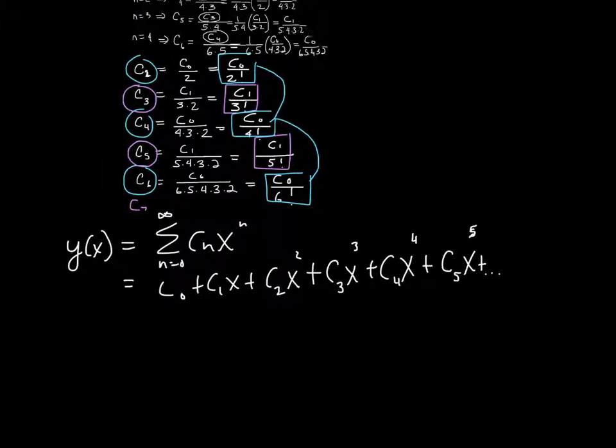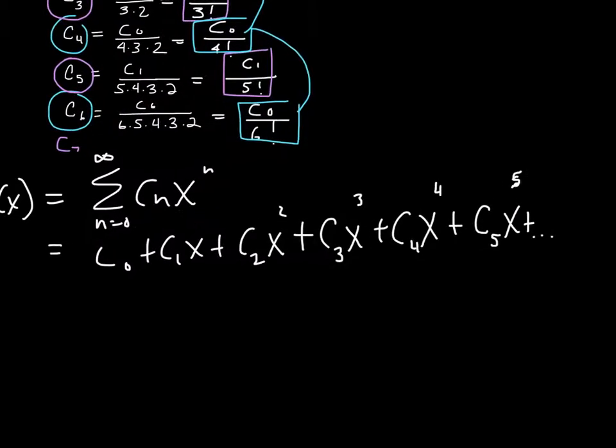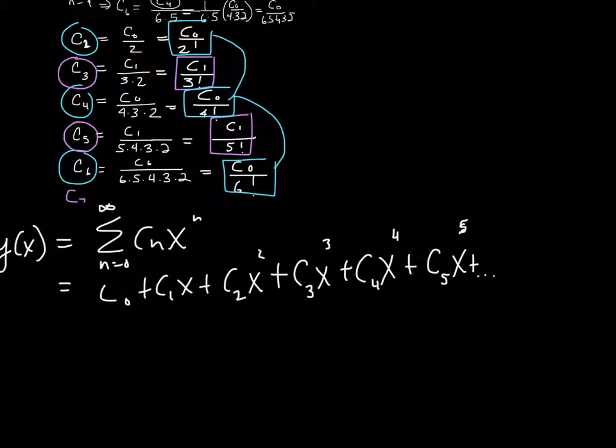So now let's input our values, our C0s and C1s. Make this a little bit bigger. Okay, so C0 is just C0. C1 is just C1x. What is C2?